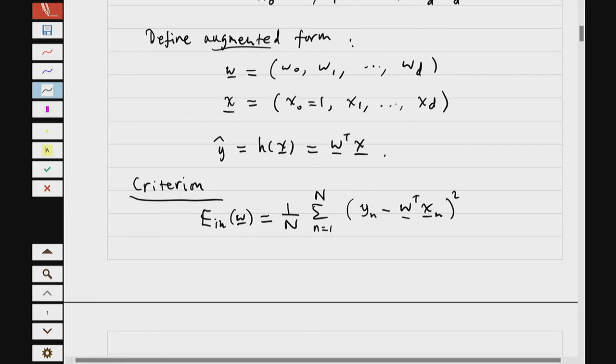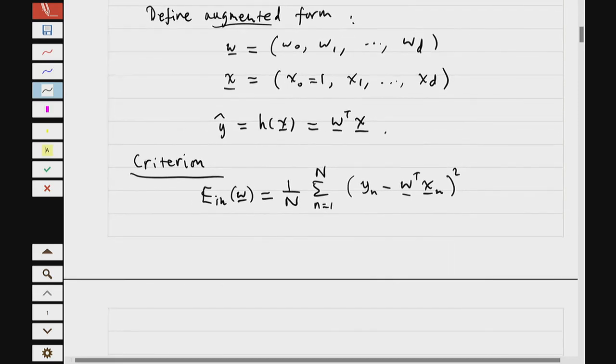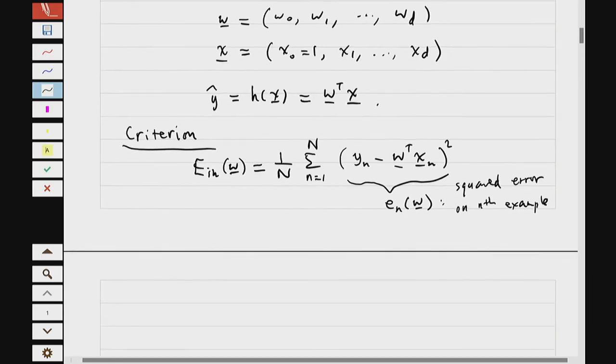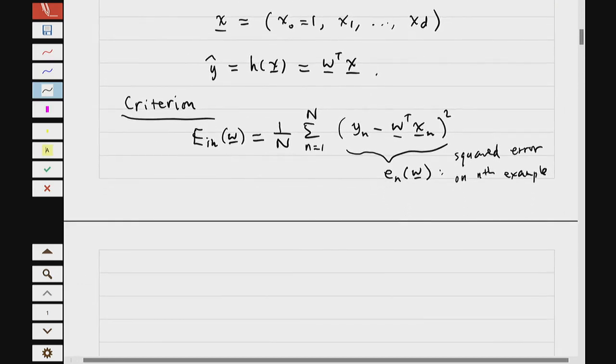We take a square so that it's always non-negative. This whole thing, this square error, is also denoted by e_n(w), for the nth sample. So this is the squared error on the nth example. Then altogether, E_in will simply be the average square error.